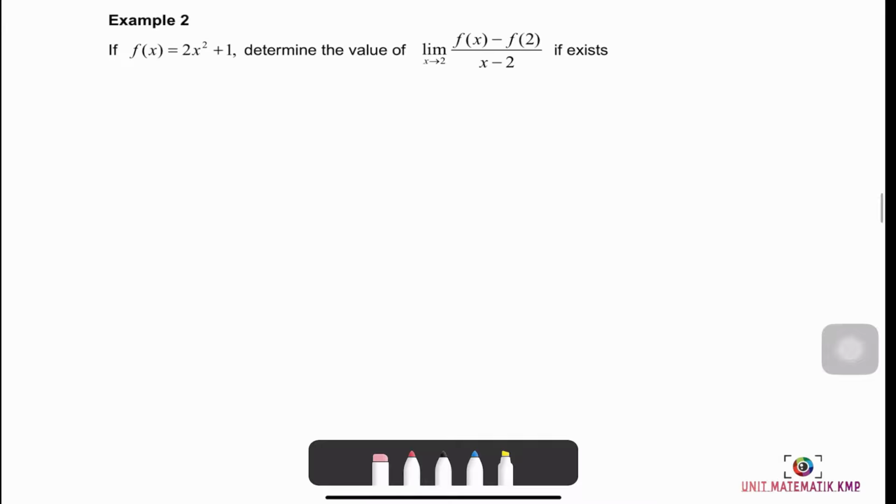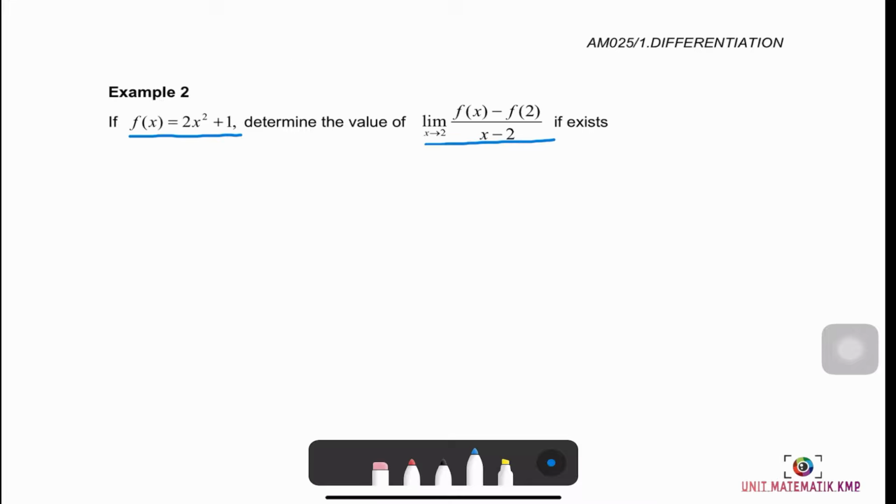Right, example 4. If f(x) equals 2x squared plus 1, determine the value of the limit of f(x) minus f(2) over x minus 2 when x approaches 2, if it exists. First, I want to find the value of f(2).